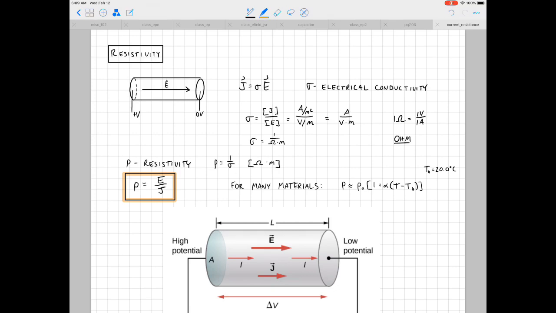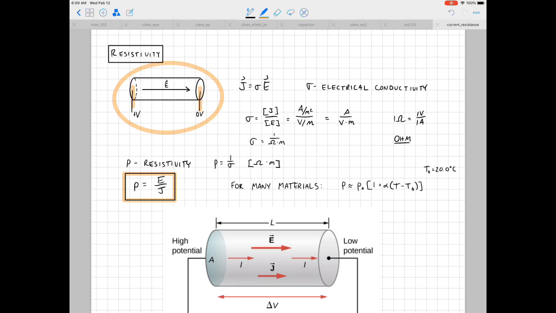And so this brings up the idea of conductivity and also resistivity. And so I've got this piece of material where there's a voltage difference between the left and the right side. So you could think of this basically as hooked up to a battery. And therefore, you've got an electric field set up in the material, right, pointing from left to right.